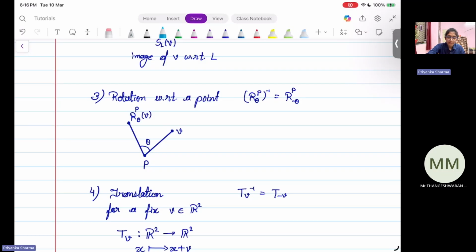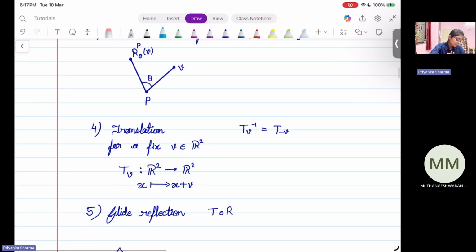If we want to rotate it by an angle theta in the anti-clockwise direction, suppose this line segment PV is rotated by theta in the anti-clockwise direction, and V is transformed to R theta of V, that is, rotation by an angle theta in the anti-clockwise direction with respect to the point P. So this is rotation with respect to a point in R square. This is also an isometry in R square.